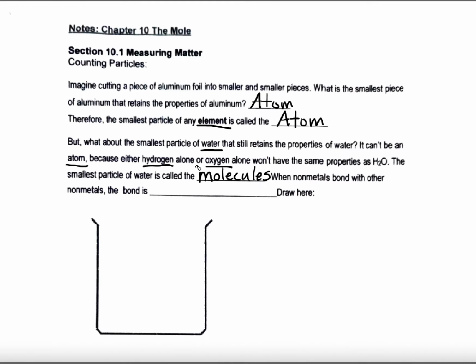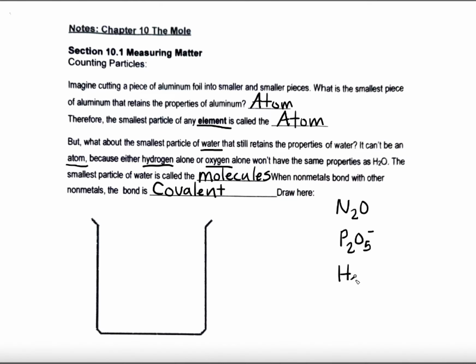Remember that we only use the term molecules when we are dealing with nonmetals that are bonded with other nonmetals. So in other words, when it is a covalent substance. So covalent substances, remember, that'd be things like maybe N2O or P2O5, or H2O.